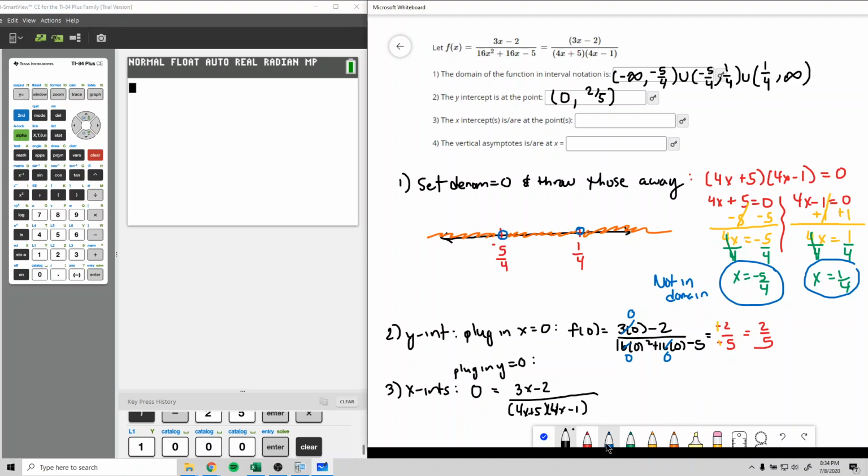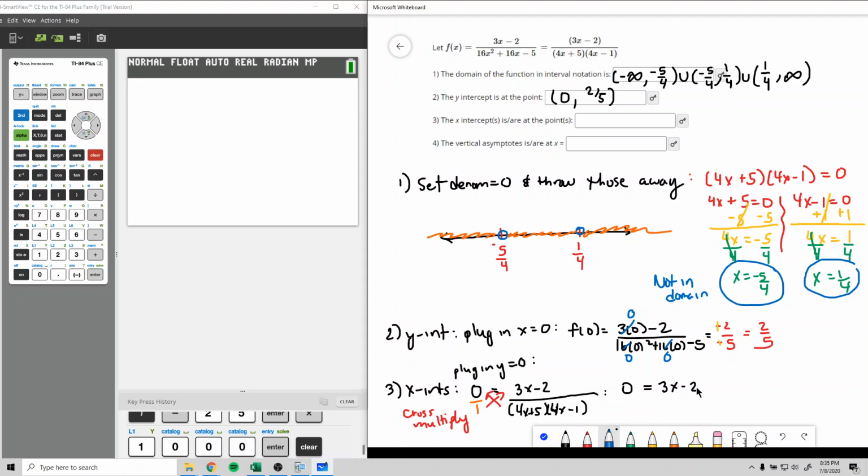We've solved things like this before when we have fractions equal 0. I'll remind you, the easiest thing to do is think about 0 as over 1 and cross multiply. If we cross multiply, we get all this stuff times 0 on the left, but 0 times anything is 0. And then we get 1 times 3x minus 2, which is just 3x minus 2.